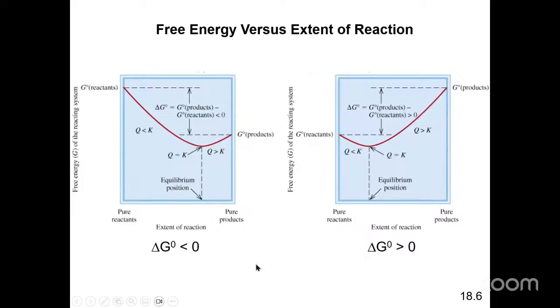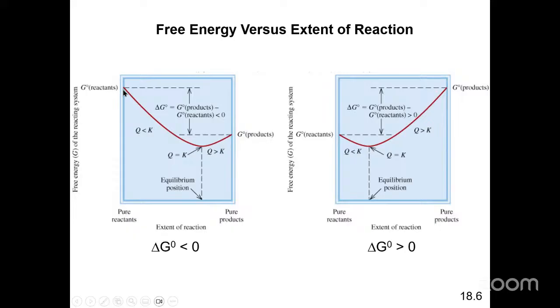Okay, so let's look at a graphical representation of the relationship between free energy and equilibrium. So the first graph right here represents what happens when delta G is negative, and this is what happens when delta G for the reaction is positive, right? So just to explain what's happening here, the y-axis represents the free energy, while the x-axis basically represents the progress of reaction as you go from reactants to products, right? So basically, if you start off with your reactants, the free energy would fall and fall and fall.